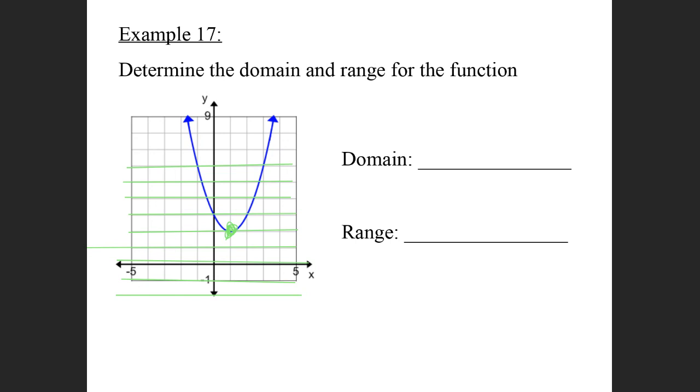This segment goes up, so until infinity. So the range starts at y equals 0, ends at what? At positive infinity. So the domain, in this case, is from minus infinity to infinity. The range from 2 to infinity.